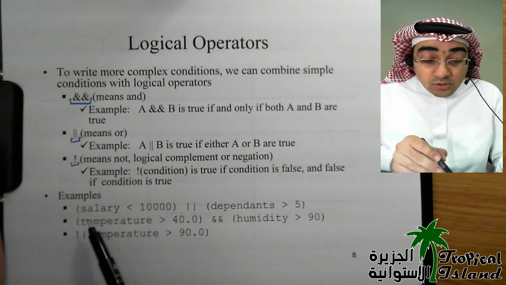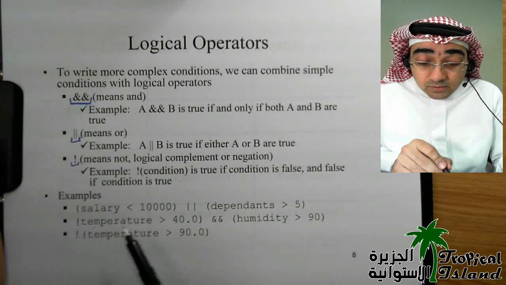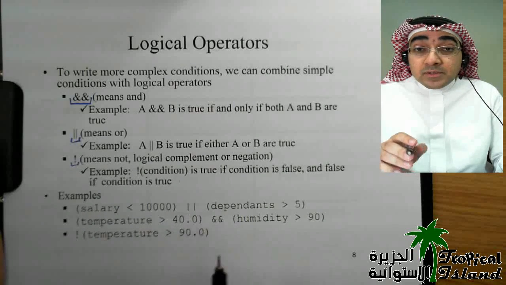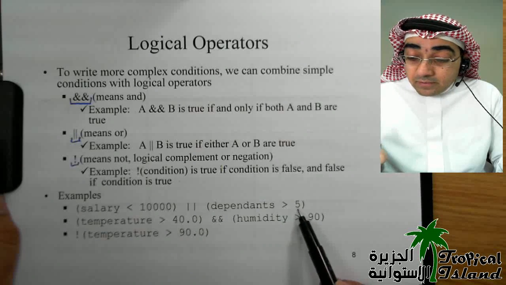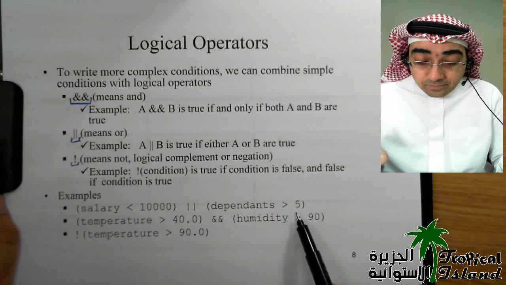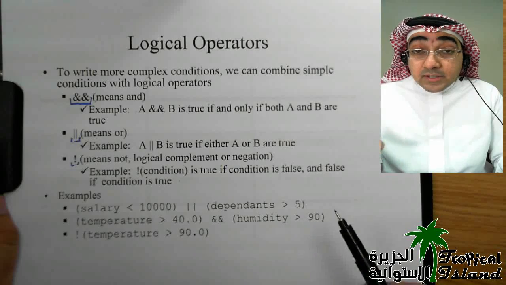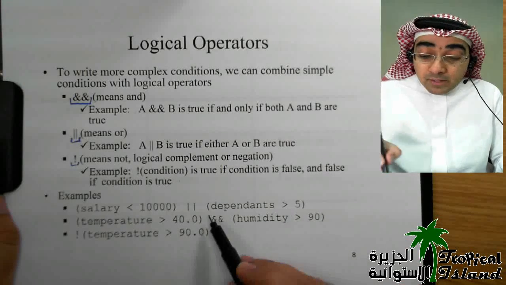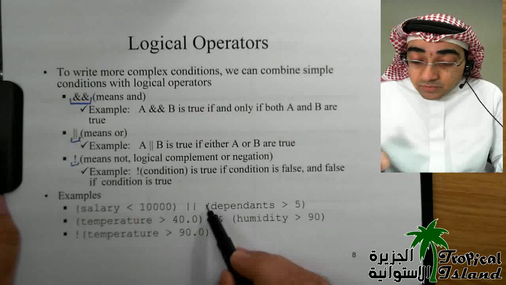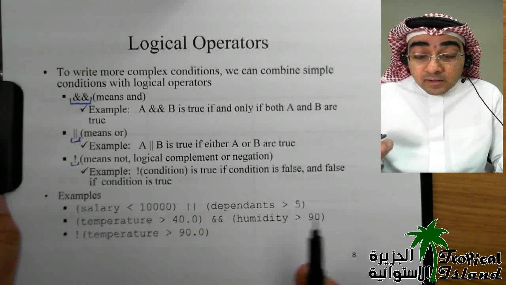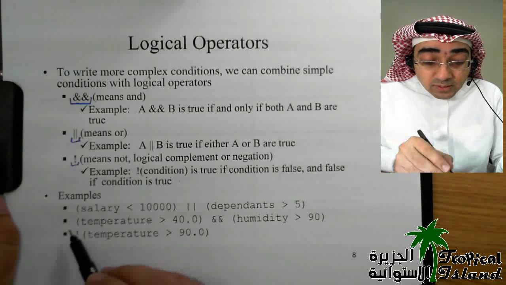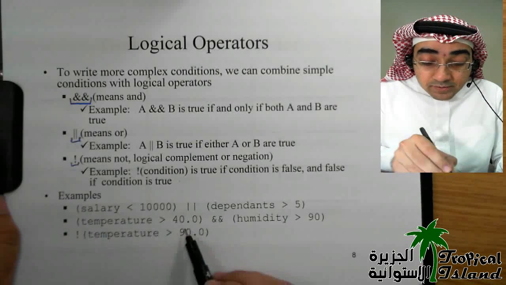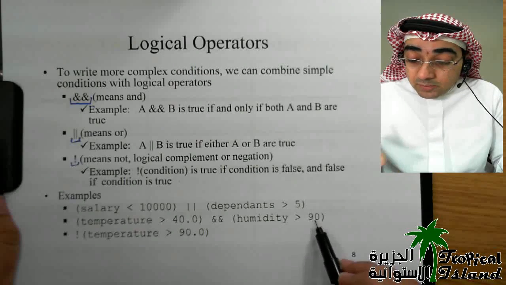If your salary is less than 10,000, that means you are not that highly paid, or you have more than 5 dependents, let's say 5 children, that means you need a big house. Whenever either condition becomes true, you get a large house.